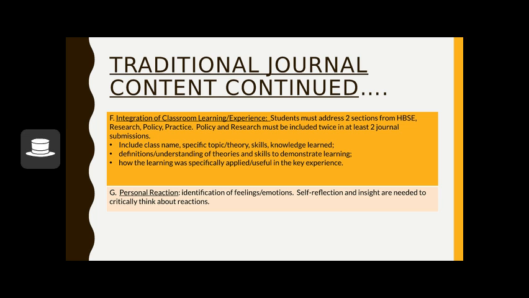So the class, and then name what they've learned. And then demonstrate their understanding of what they have learned. So if they say Erickson's developmental theory, then they need to give 3 sentences or so to describe what that theory is, so that we can understand that they get it and that they know what that theory is about.